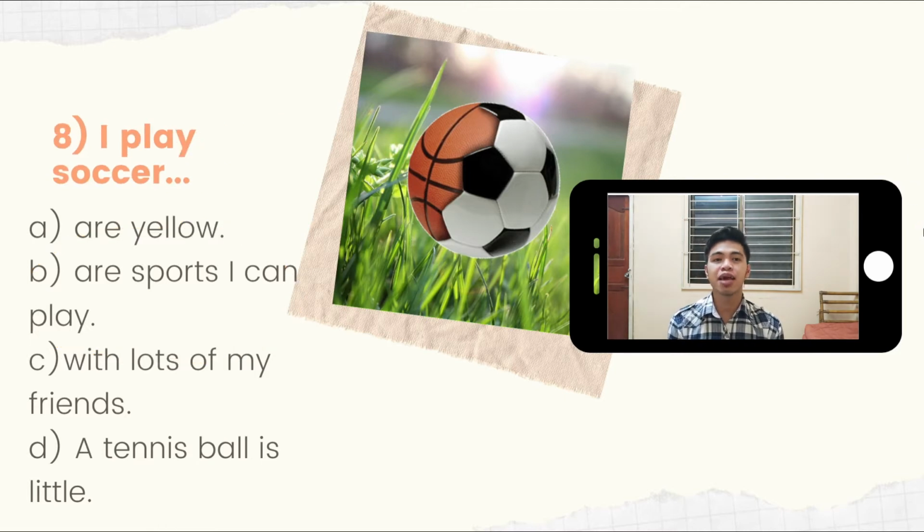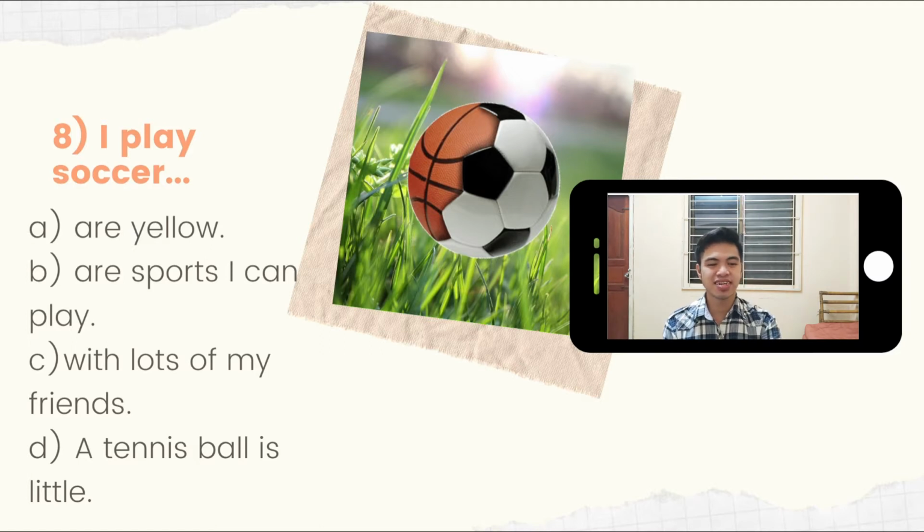Here we have: I play soccer and then blank. So what do you think is the best part that will complete the sentence? Is it A, are yellow, B, are sports I can play, C, with lots of my friends, or D, a tennis ball is little?